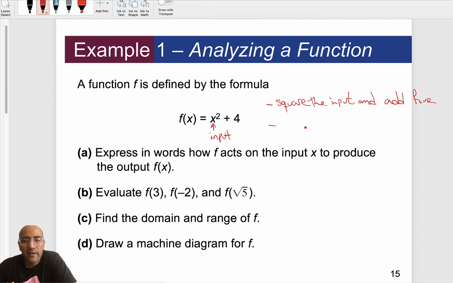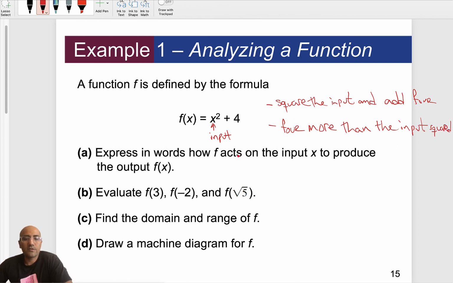English allows you some versatility here. You can flip these around and say add 4 to the input squared. Or you can say 4 more than the input squared. So you get the point.